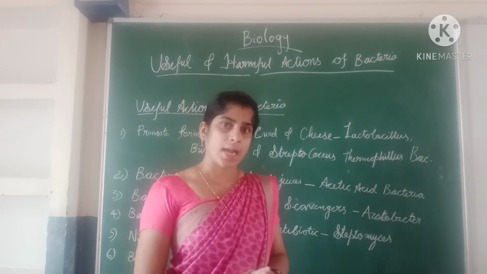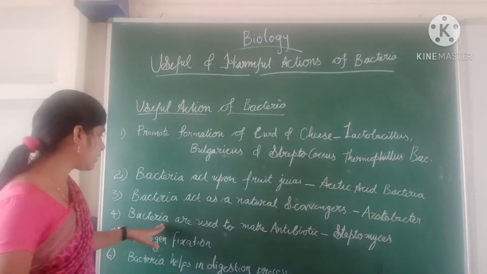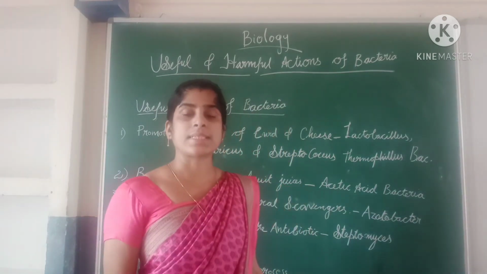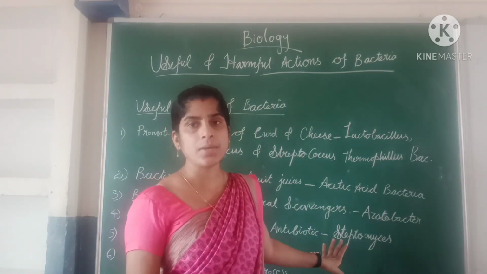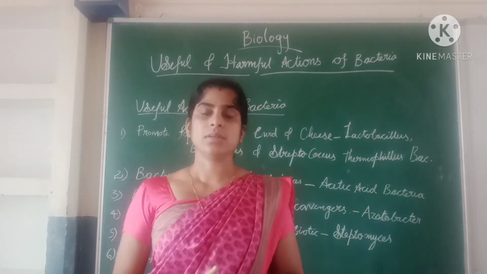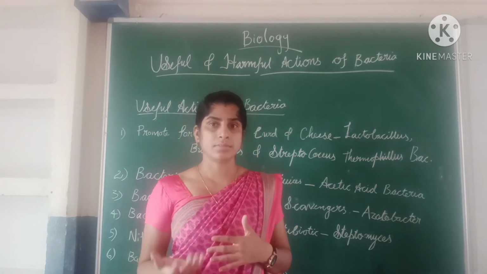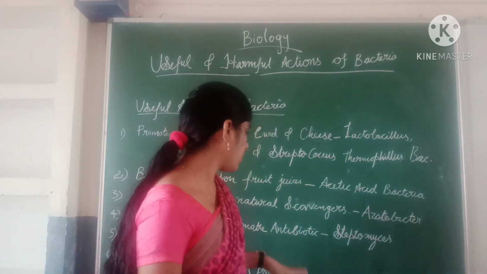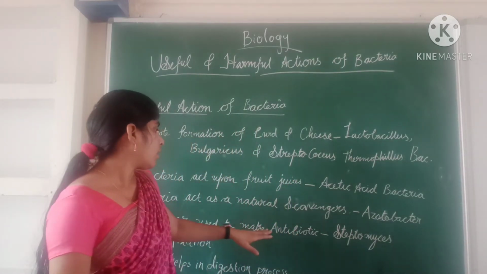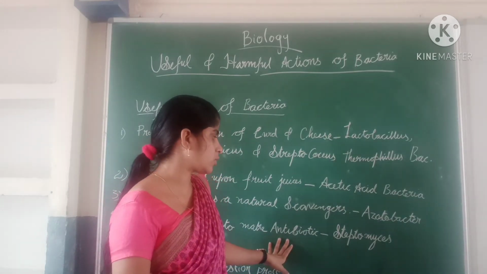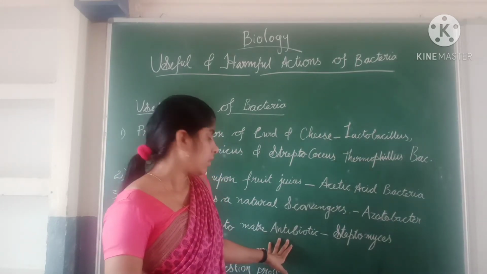Okay. And the next is that bacteria are used to make antibiotics like streptomycin, and vitamin B and vitamin B12 tablets. Vitamin B complex tablets are made from what? Bacteria. And streptomycin, which bacteria helps to make the antibiotics?